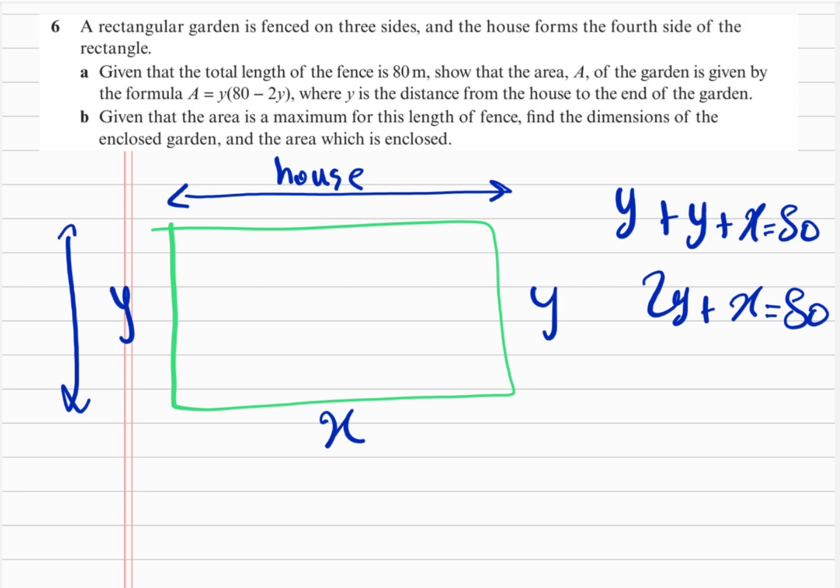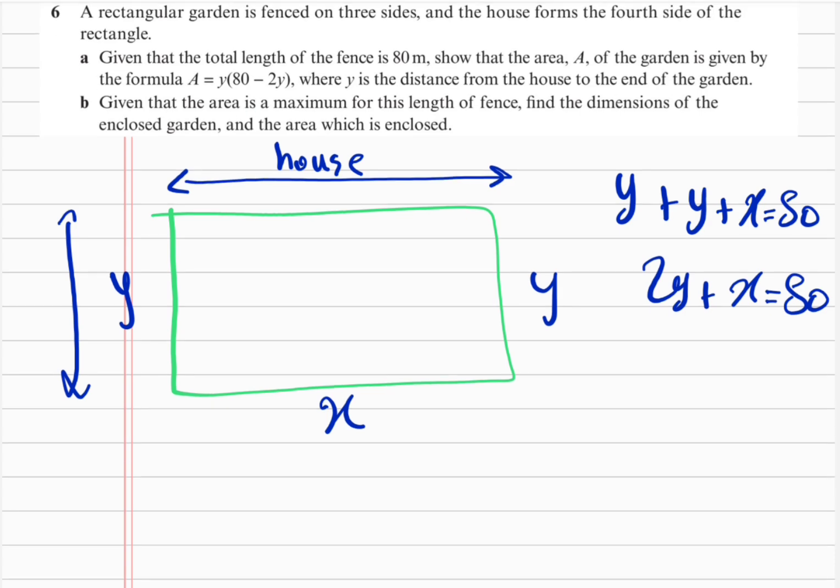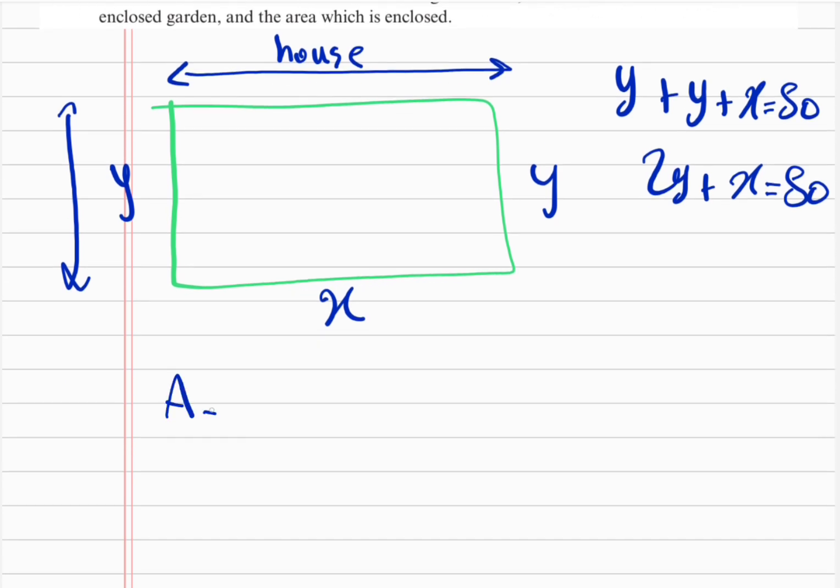And they have given us that the area of the garden is given by this formula. But before using the formula, let's use the regular formula of area of a rectangle, which is x times y, because that's just length times width. In this case, we can rearrange the equation and make x the subject, and this becomes 80 minus 2y.